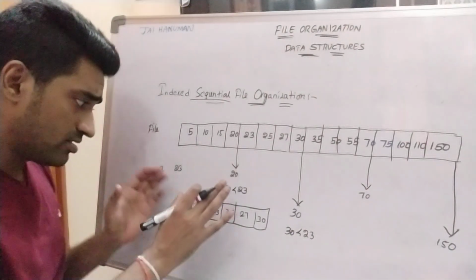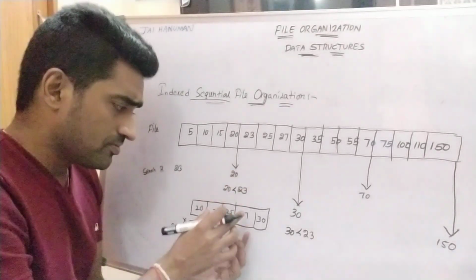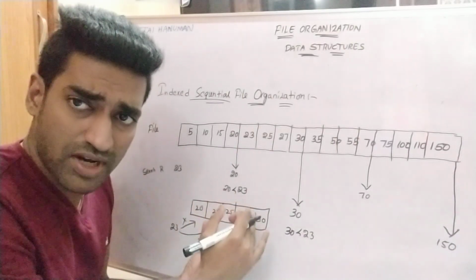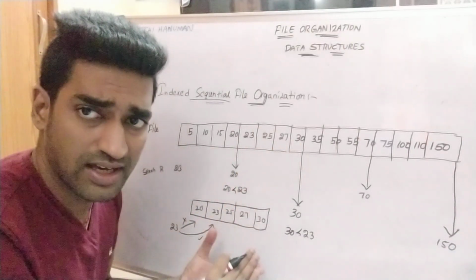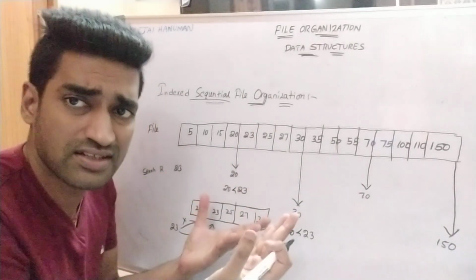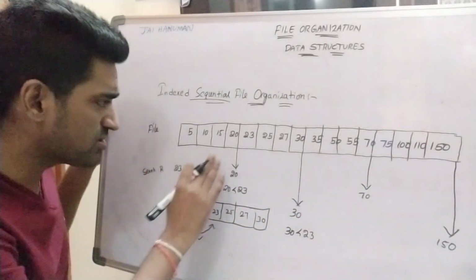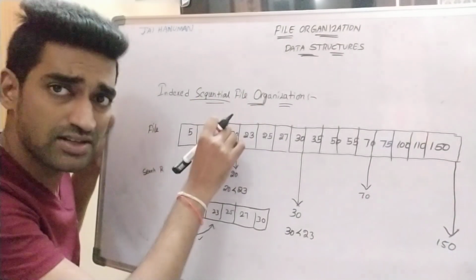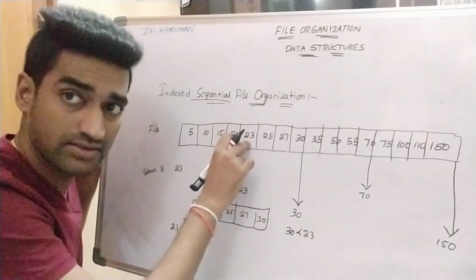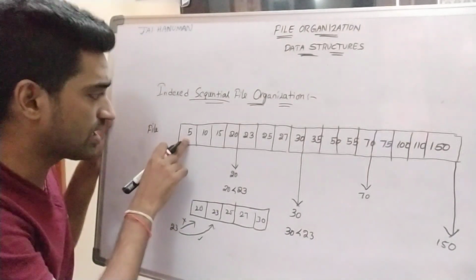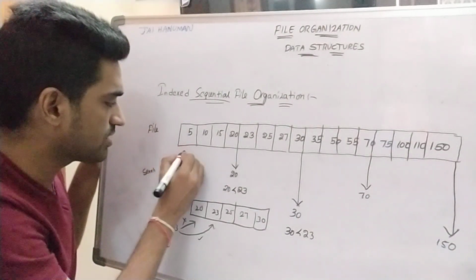So here, by using indexed sequential file organization, we can reduce the number of comparisons when compared to sequential file organization. In sequential file organization, generally we are not setting any index values, right? For suppose in sequential file organization, I want to search 23. How many comparisons are required? First we compare with 5. The record is not found.